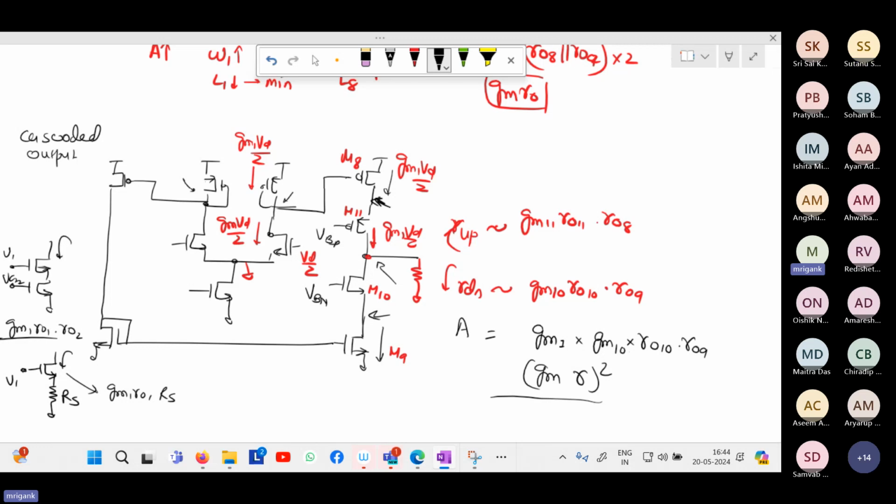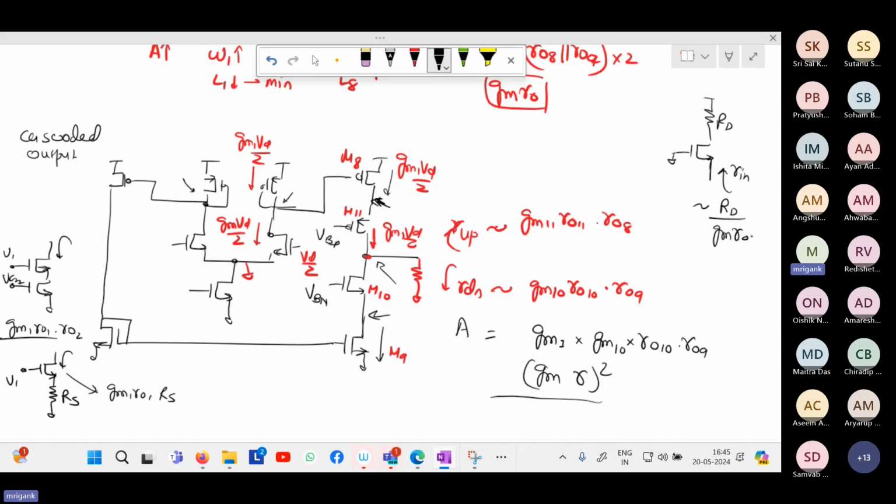Because if you have, say, an NMOS transistor with a load RD and gate voltage is supposedly fixed. Fixed AC ground means some DC voltage, and you're looking into the R in, looking into the source. What is the impedance? Small signal resistance approximately? Sir, 1 by gm plus RD by gm ro. Approximately it will be RD upon gm ro.